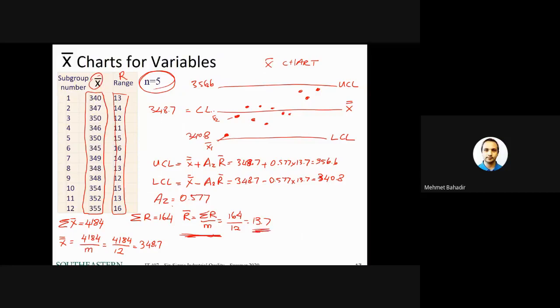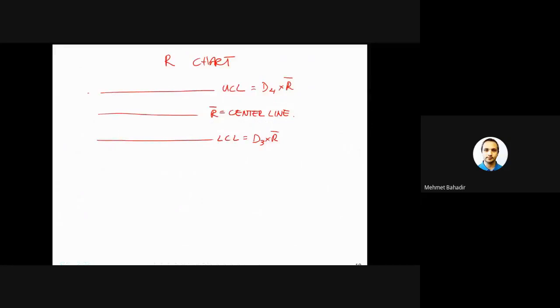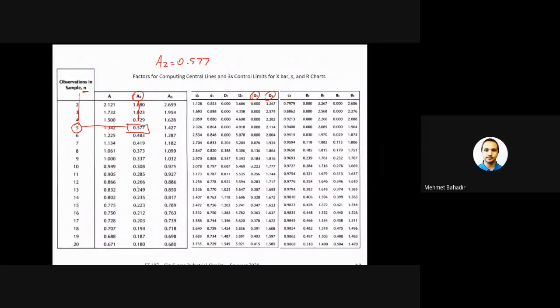R bar is 13.7. So this is already calculated. It's easy. So for the lower and upper control limits, all I need to identify is D3 and D4 values.